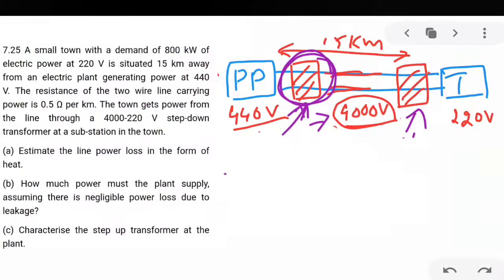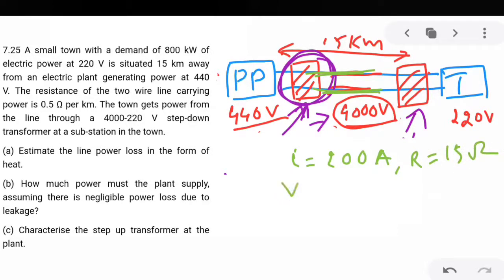So see, what is the voltage drop in the power transmission line? We have seen that the current flowing in the transmission line was 200 ampere, and resistance is 15 ohm.